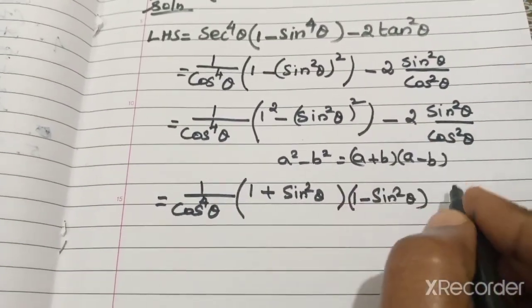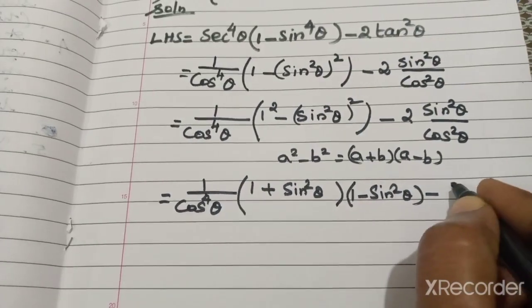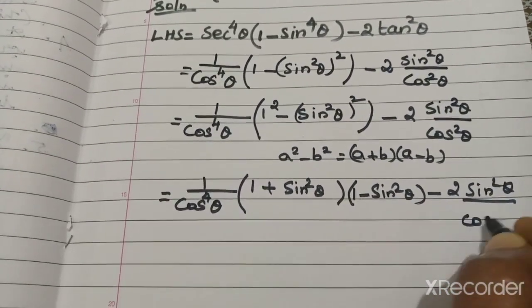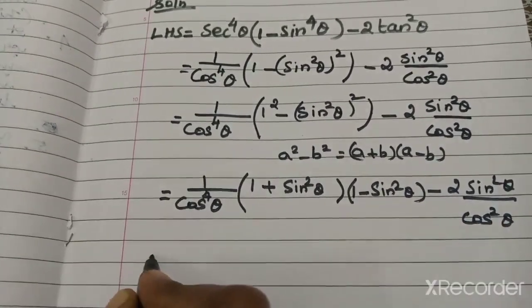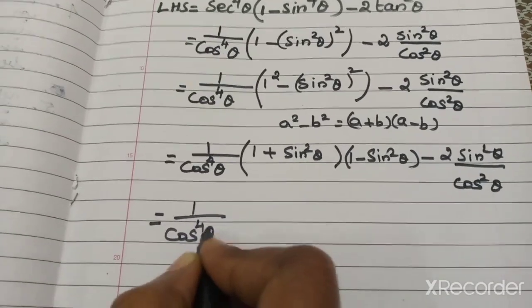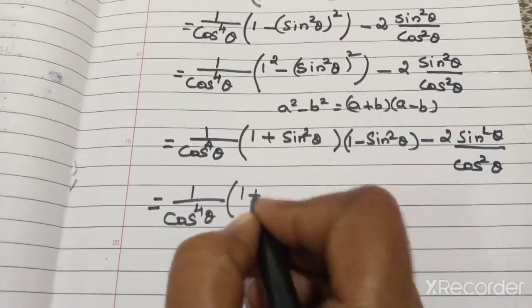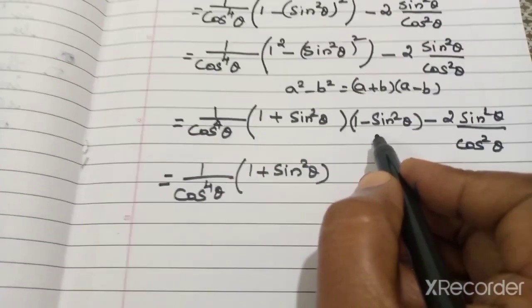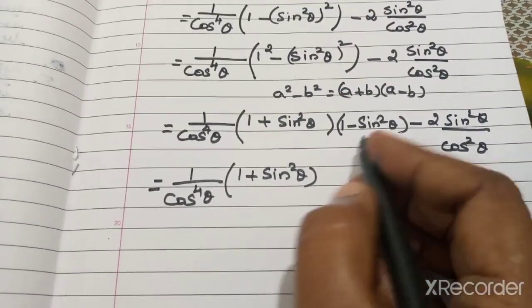Then remaining terms as it is, minus 2 sine square theta by cos square theta, which is equal to 1 by cos power 4 theta into 1 plus sine square theta into, we know 1 minus sine square theta is cos square theta.